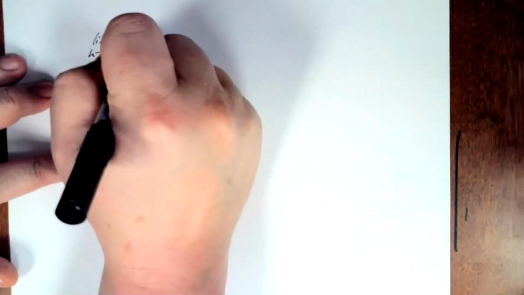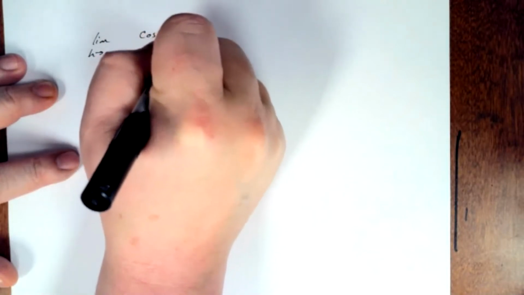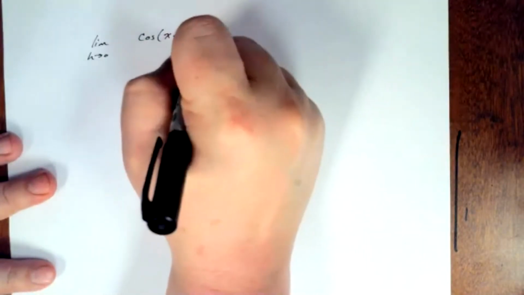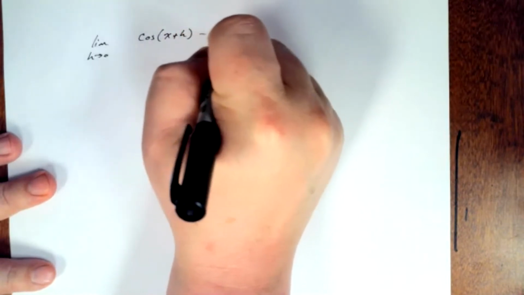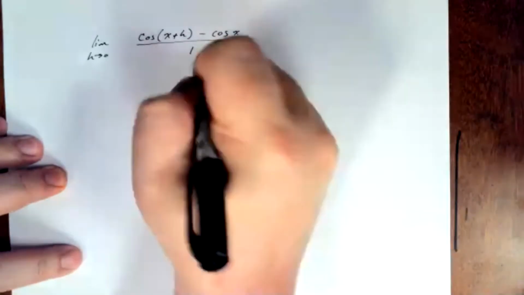So let's do this one more time. This brings up an important point. So if I have the sine, let's not do sine first, let's do cosine. So if I'm taking the derivative of cosine, the limit as h approaches 0 of the cosine of x plus h minus the cosine of x over h.